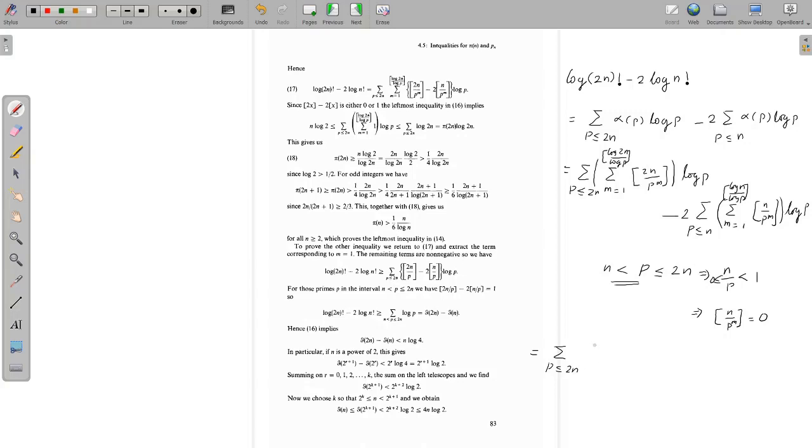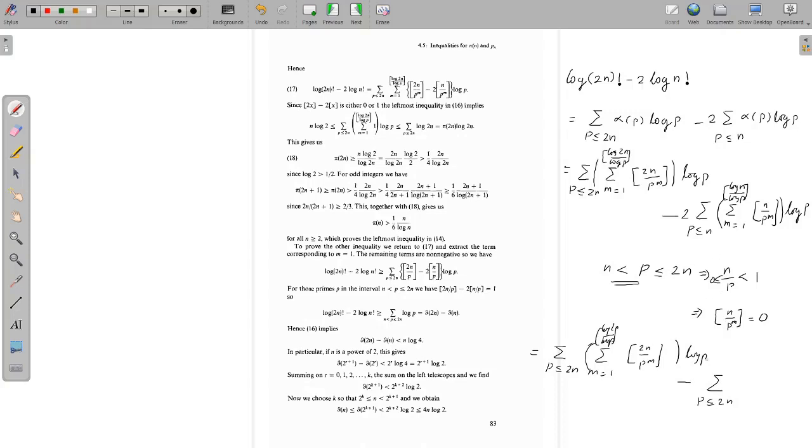We write the first term as it is, that is summation m equal to 1 up to the point log 2n by log p, integral part of 2n by p raised to m, times log p, and we write the second sum as minus, with p less than or equal to 2n.